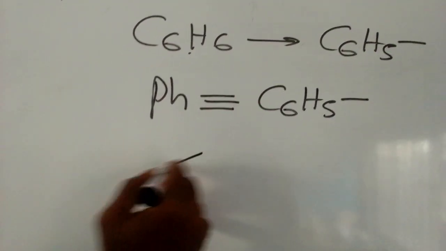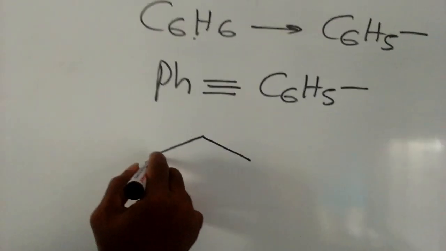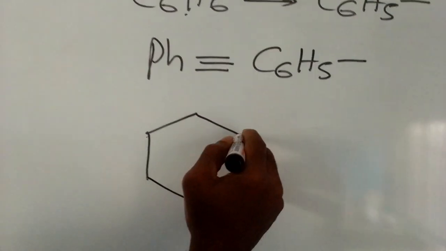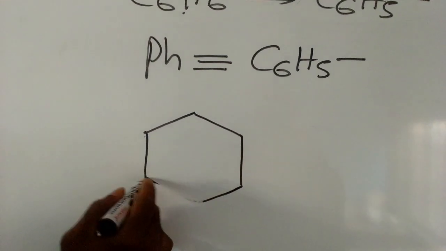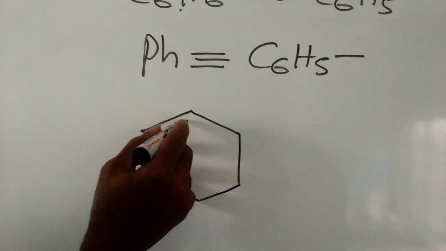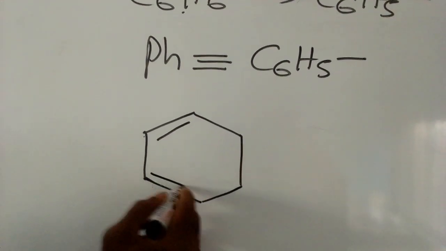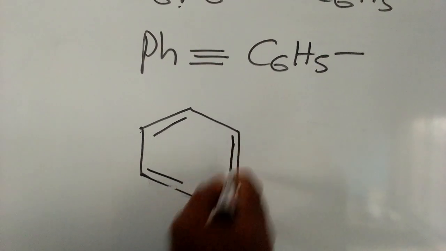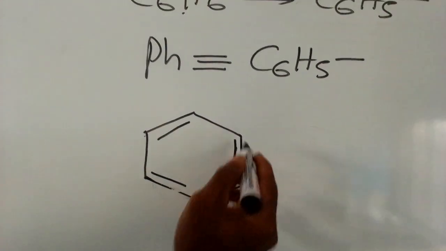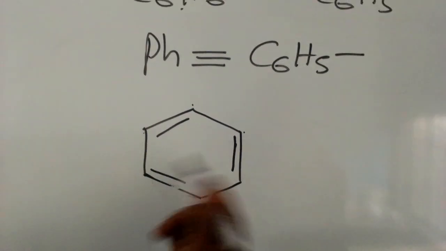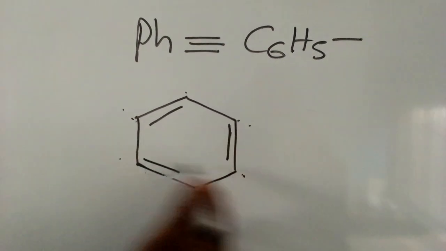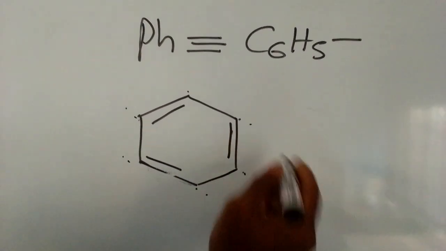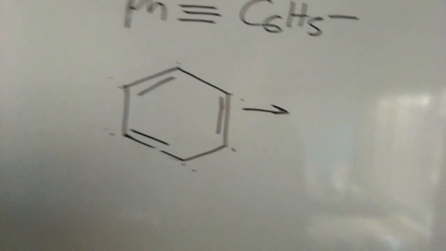Or if you go by the structure of benzene, the skeletal formula of benzene is more like a hexagon with alternating single and double bonds in a conjugated system. So you remove one hydrogen from any point, be it the ortho, meta, or para position. We have a phenyl group.